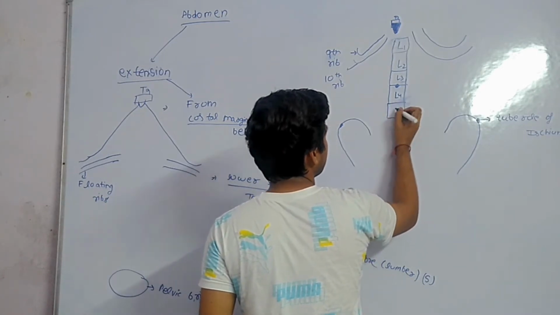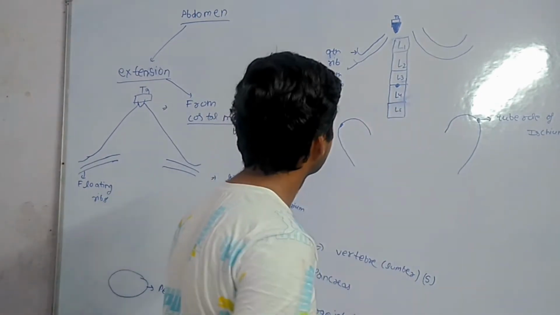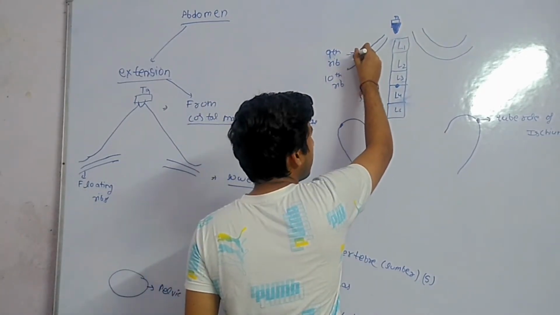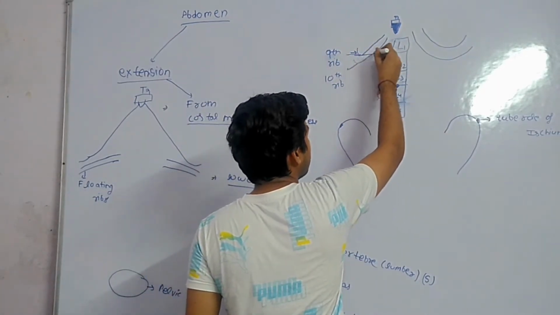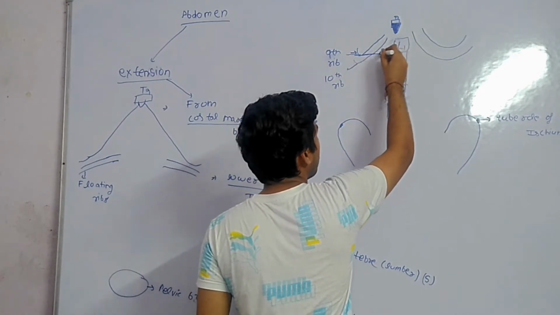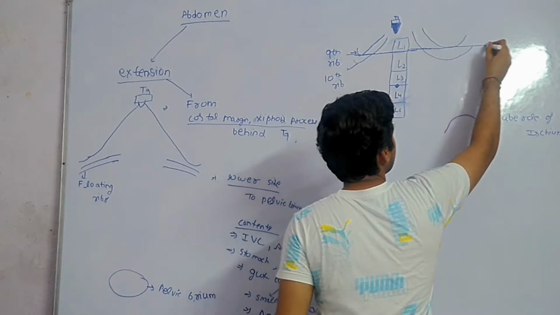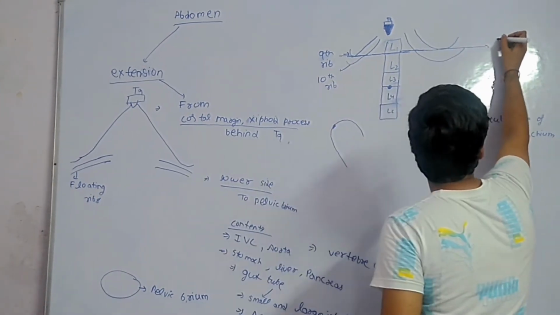Done. So first we draw some planes. First plane passes from tip of the 9th rib, 9th costal margin, and lower border of L1 vertebra. This plane is called transpyloric plane.